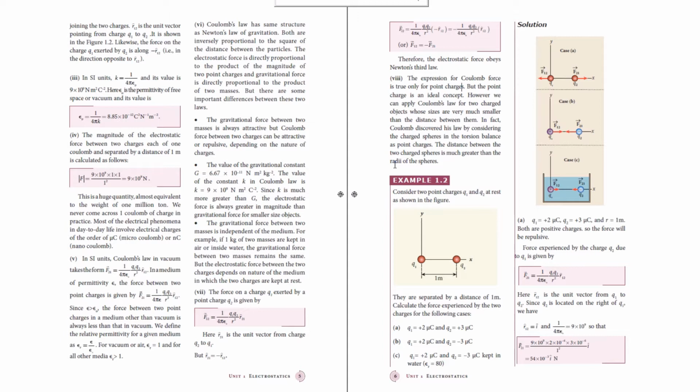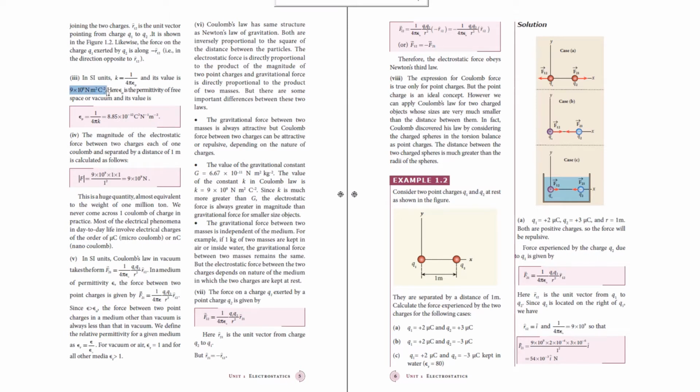And the third important aspect of Coulomb's law we consider. What is the formula? F equals 1 by 4 pi epsilon naught Q1 Q2 by r square into vector r12 cap. Now in SI units, what is the value of k? k could be written as 1 by 4 pi epsilon naught and its value is 9 into 10 raised to 9.